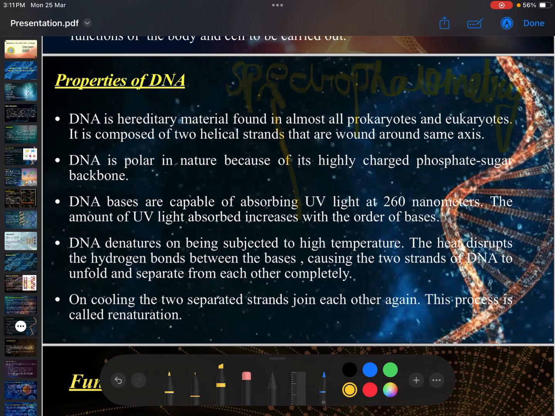DNA bases are capable of absorbing 260 nanometer light, and we check absorbance in a spectrophotometer. That is based on Beer-Lambert's law, which you'll study further in your studies.